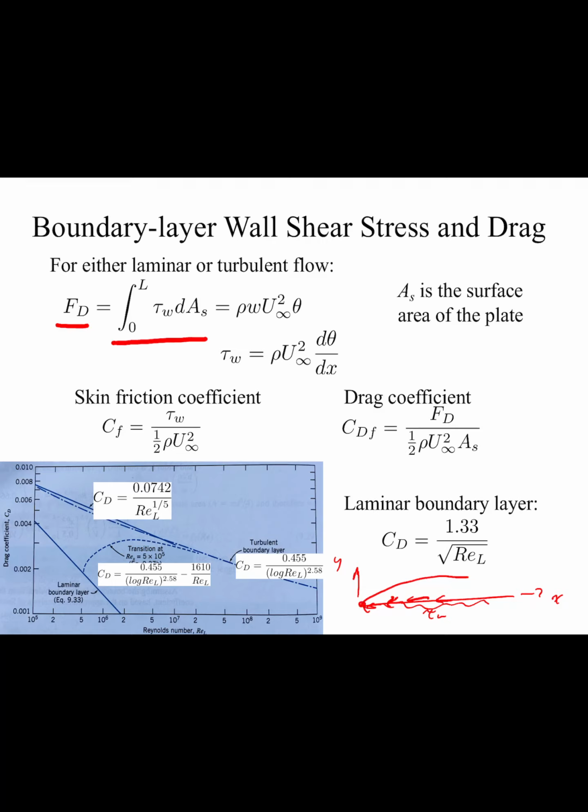So we'll integrate from the leading edge to some point L. If we integrate that shear stress along the X direction, so we're looking at this shear stress on the surface, and then of course there's a width here, we end up with the drag force. So the integral of that shear stress on the wall is going to be equal to our drag force.